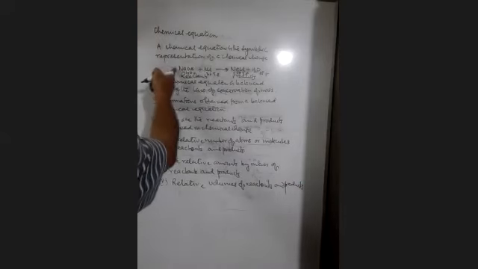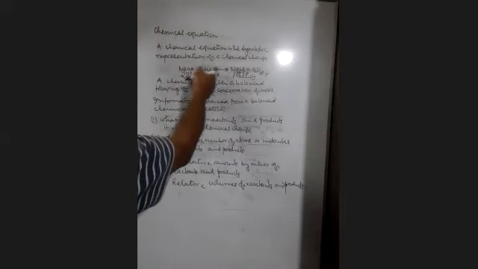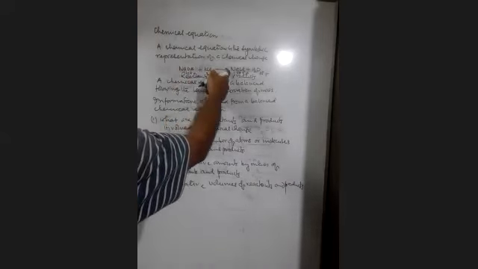Here we say 1 mole, there we will say 1 volume. 1 mole of sodium hydroxide reacts with 1 mole of HCl to give 1 mole of sodium chloride and 1 mole of water. That is by mass. If it is gaseous, then we'll say 1 volume of A reacts with 1 volume of B to give you, say, 1 volume or 2 volumes, such and such. So these are the informations.